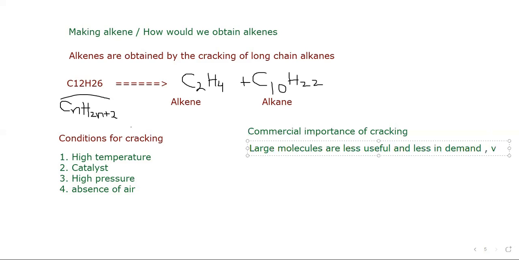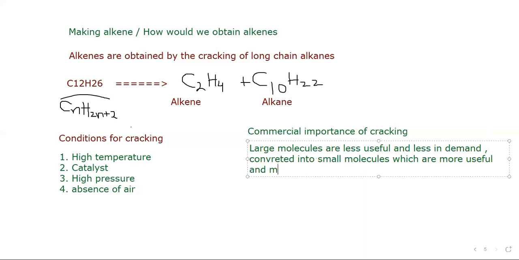So they are converted into small molecules which are more useful and more in demand. Am I right? Why are small molecules useful? Because they can burn easily, they are more volatile, they can be used as excellent fuel, right?